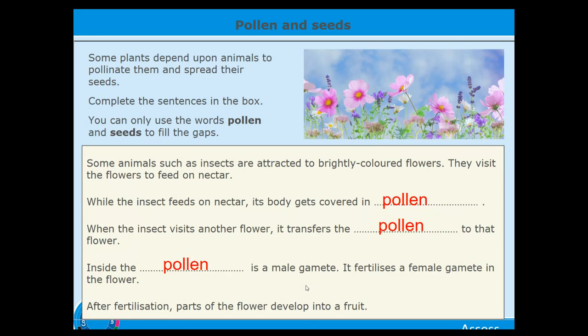A male gamete, remember, gamete means the sex cells, either the male gamete or the female gamete. The male gamete now fertilizes a female gamete in the flower. After fertilization, parts of the flower develop into a fruit.